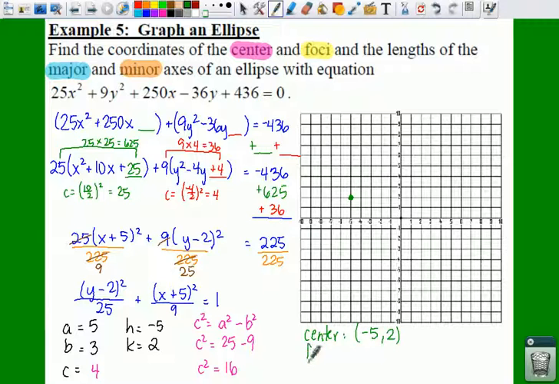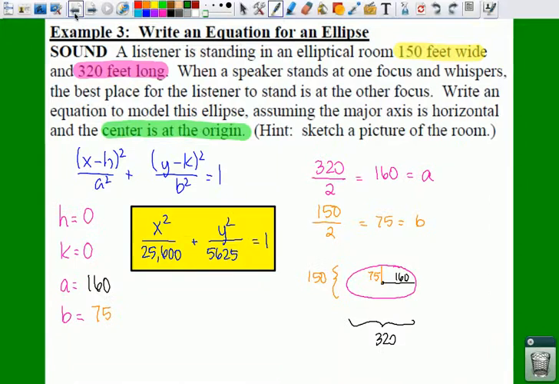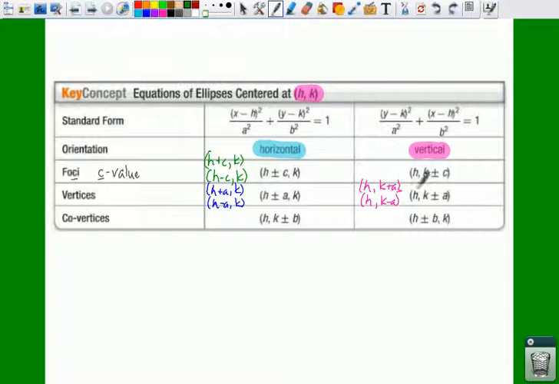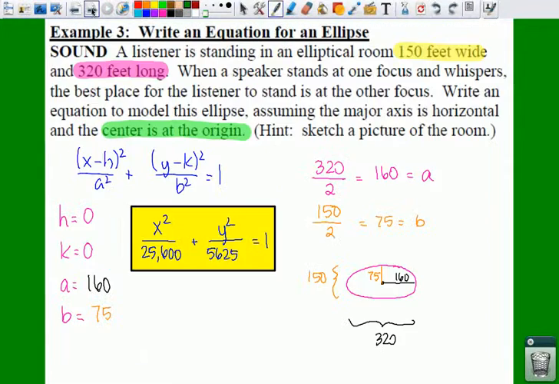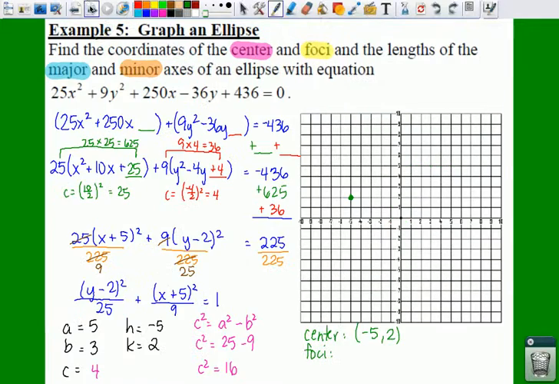To find your foci, since it's a vertical orientation, it is not just taking your h plus your c, it's going to be taking your h comma k plus or minus your c. So you have to be careful, make sure you're going down the correct column, which will be on the right.